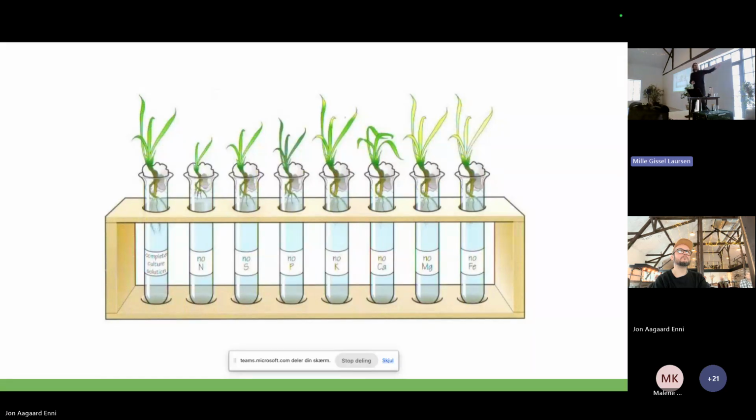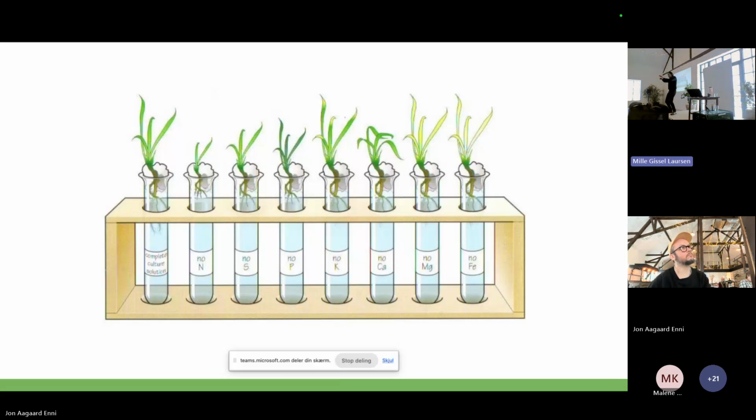Okay, we could take one of these and open it up deeper. So let's just take the first one, nitrogen. Okay, that's no nitrogen. What we could also do, which is what we did do to develop these ideal levels, we took that complete nutrient solution and instead of going no nitrogen, we just dropped it a little bit. And then we dropped a little bit more, and a little bit more, and a little bit more.